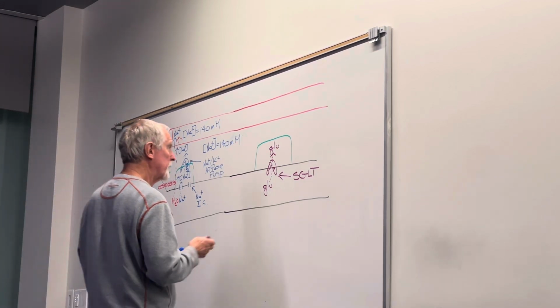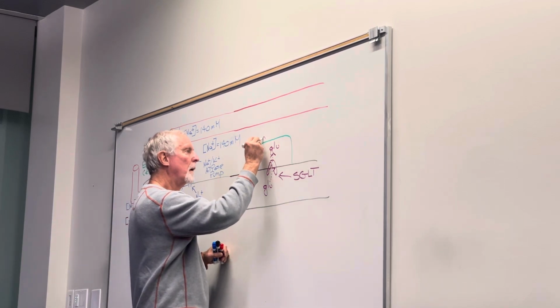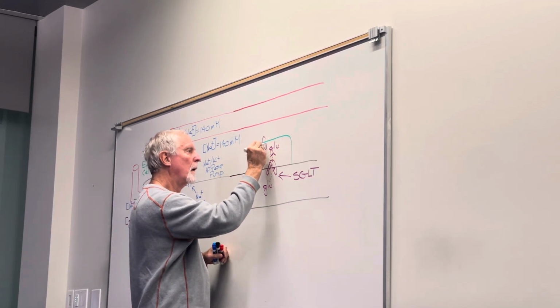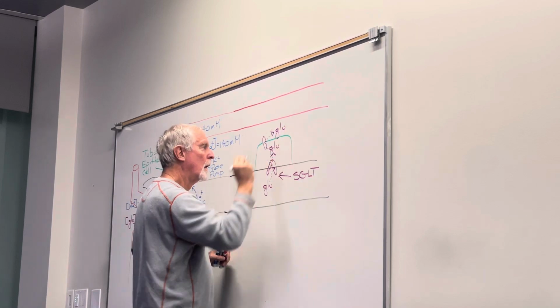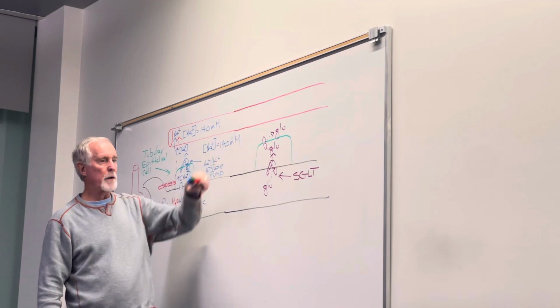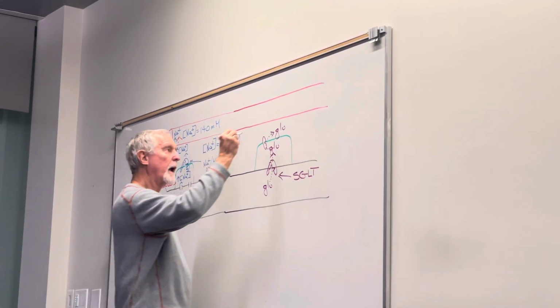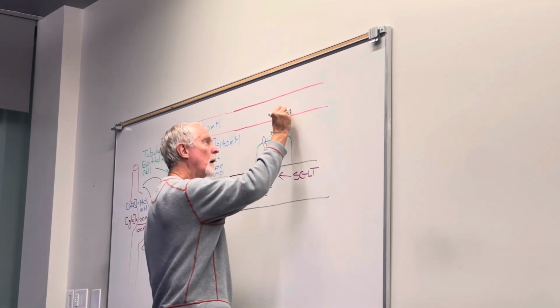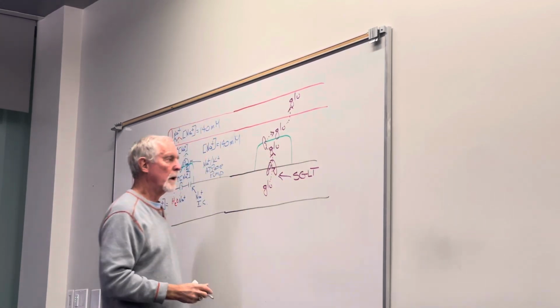So here's our GLUT transporter. So we transport glucose out into the interstitial space. The concentration of glucose there goes up, and then glucose is taken back up into the circulatory system.